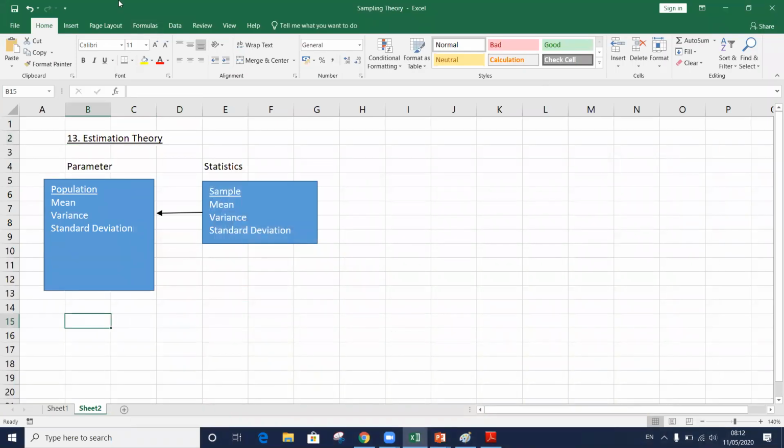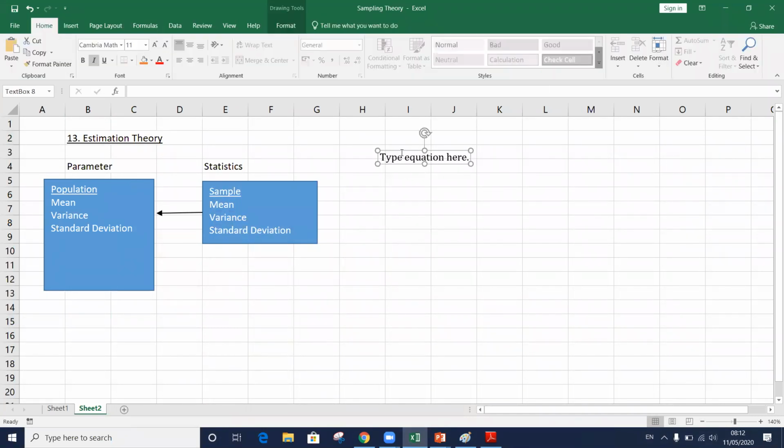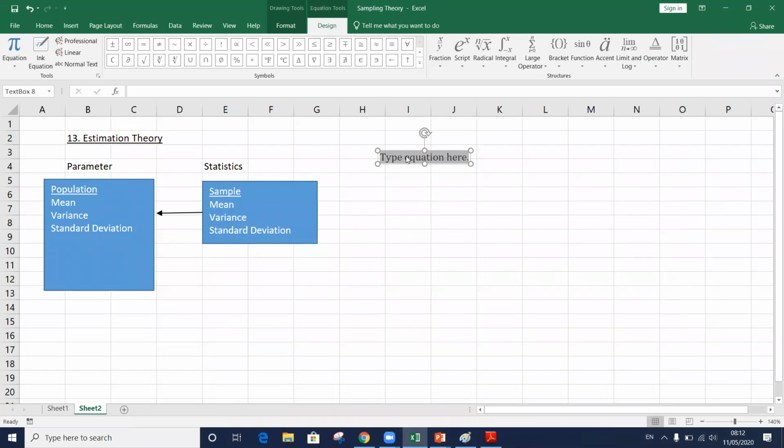There, right, if I say when the z value is equal to plus or minus 1.68, right?